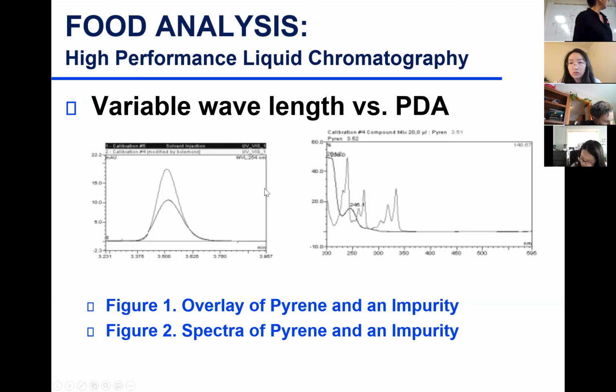The PDA allows you to see the spectra of the impurity and the spectra of pyrene. Then you can say, okay, my peak is not pure. I need to change something, do a two-dimensional chromatography to separate it, or maybe change my mobile phase to separate it so that I can get the exact area of my singular component of interest.